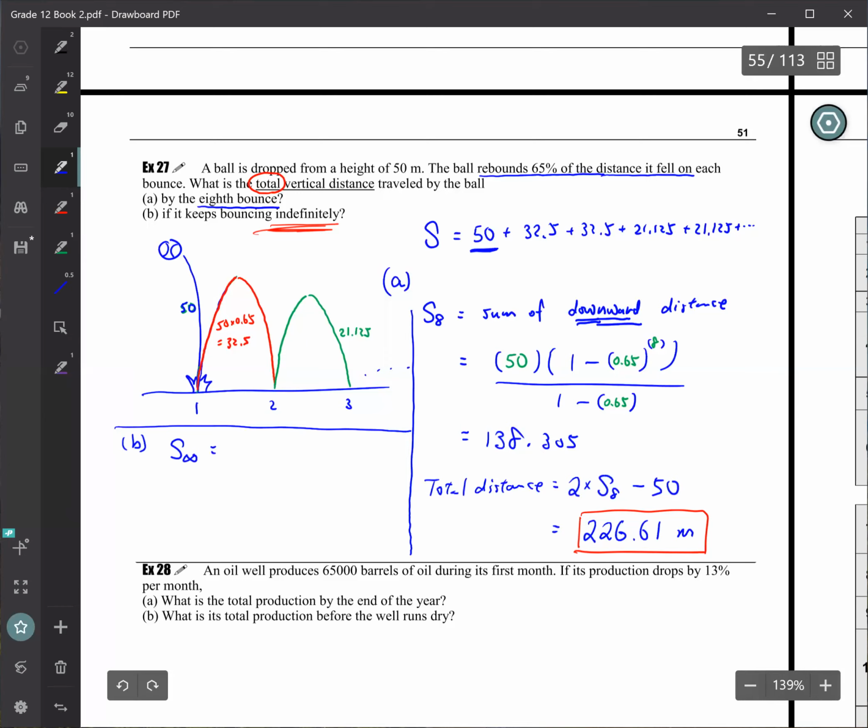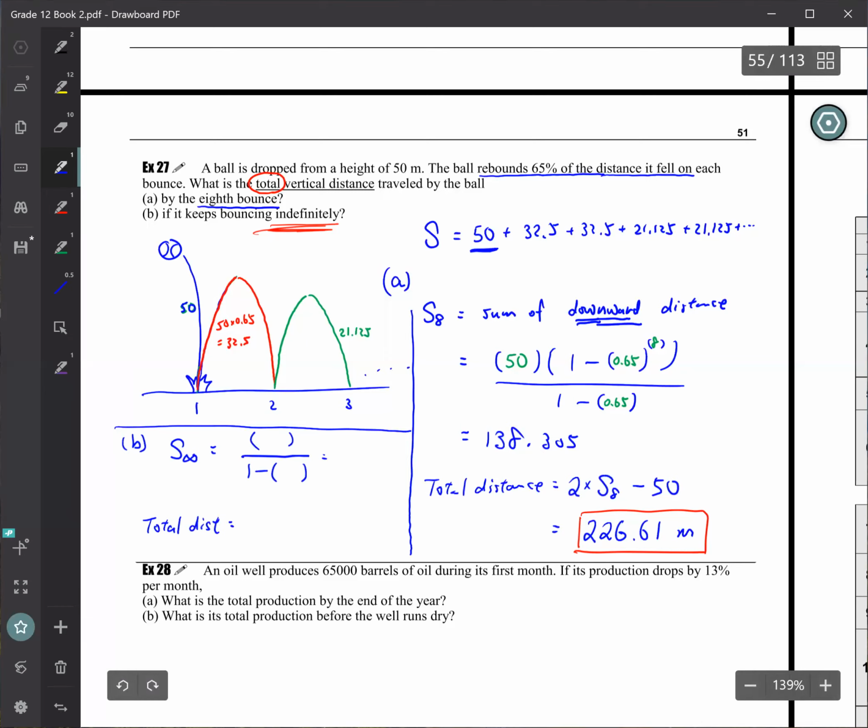So S infinite will be the sum of the downward distance indefinitely. So the formula is this one, much shorter. You get the answer from there, and then you still have to calculate the total distance.